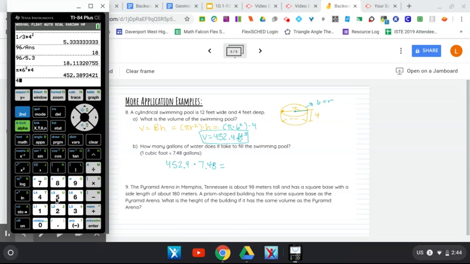So 452.4 times 7.48, and we get 3,383.95. So I'm actually going to call that 3,384 gallons.